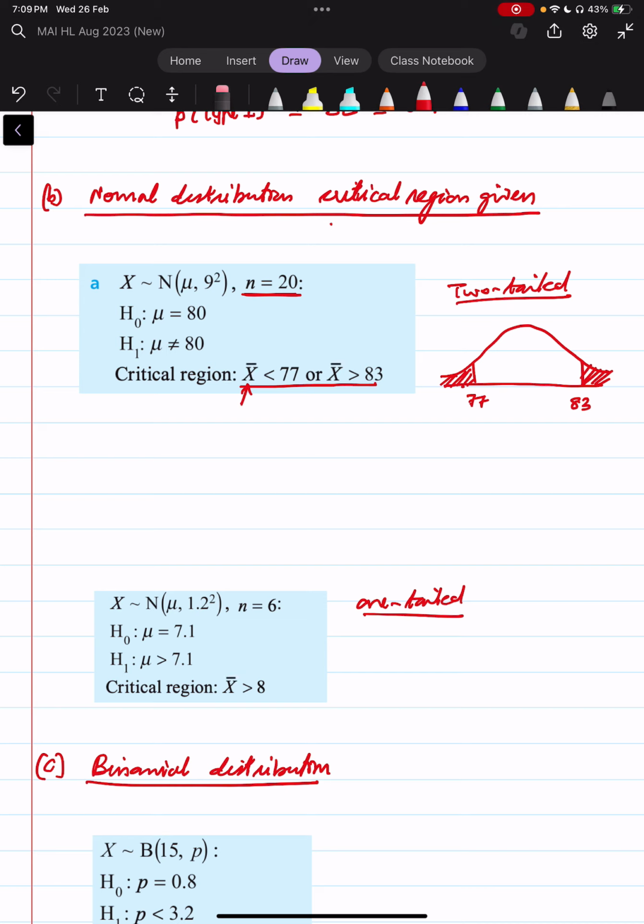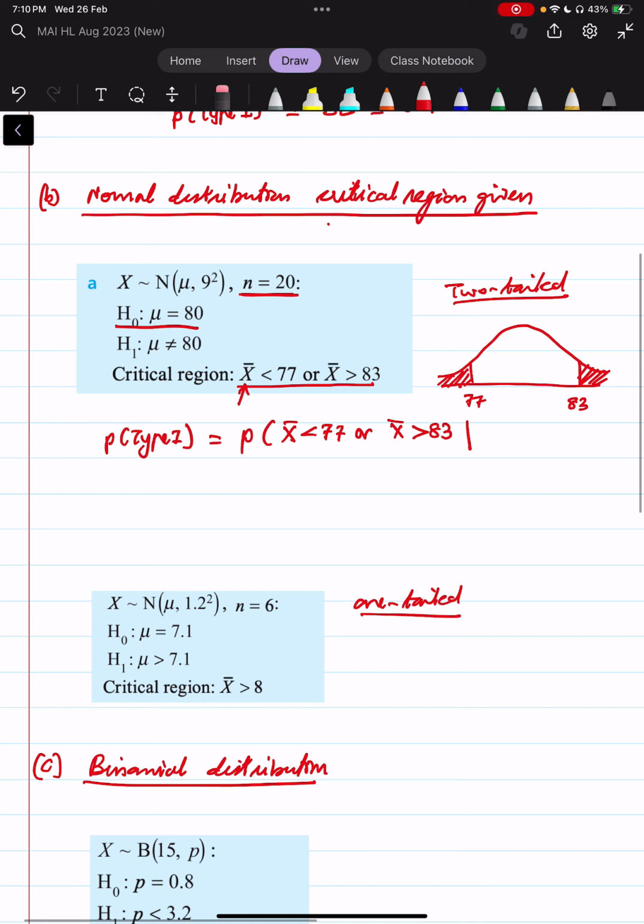Correct? So the probability of type 1 error here will be the probability that it lands in the rejection region. That means your X bar is less than 77 or your sample mean is greater than 83, given that your mu was 80.